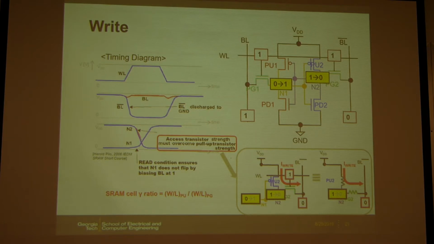Right. The N1 increases very slowly until the N2 is decaying to here. Then the N1 starts rising. So this crossover happens somewhere below half VDD. Right. So this crossover happens here because you need to wait till the N2 decays to this level, and then the N1 can rise up.